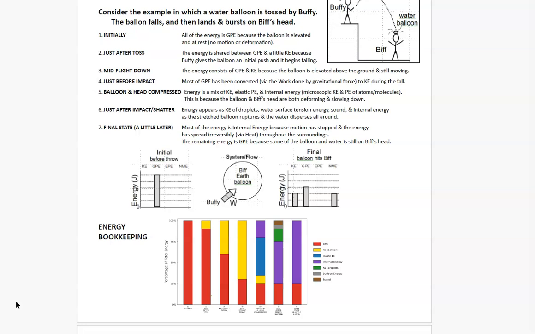And then we have in green the kinetic energy of the droplets because the balloon is going to break and spray water. In gray, we have something called surface energy. You're not responsible for knowing what that is, but that energy refers to the surface tension of the water. And as the water is being broken up into droplets, that energy is being released. And then in brown is acoustic energy, which we're just going to call sound.